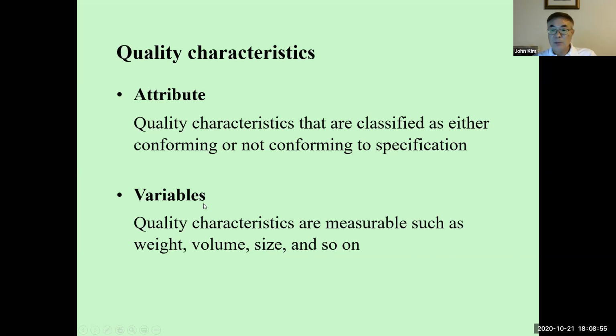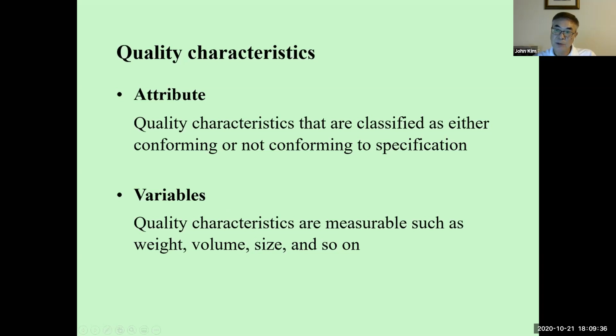To get these numbers we usually use a tool: to get weight we use a scale, for volume some kind of device, and for size we need a ruler. Using a tool to measure size or something, we can get a number. That is variables.